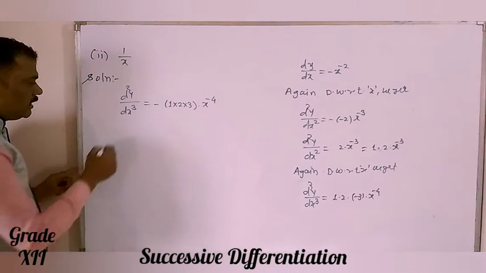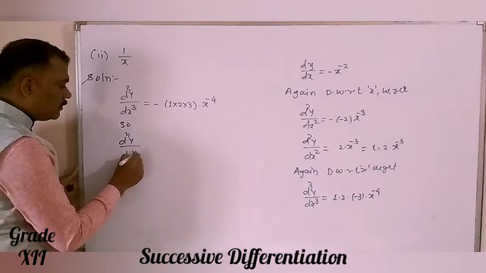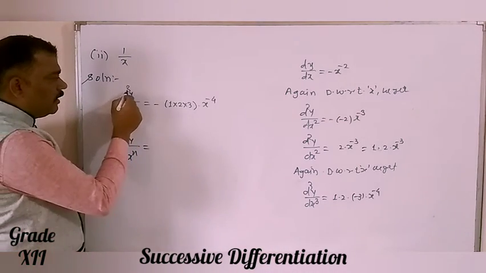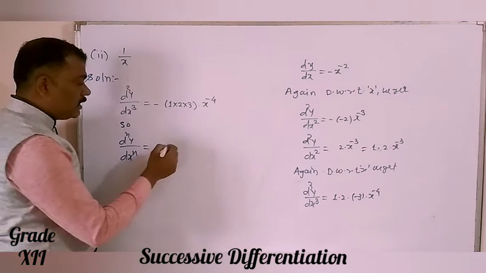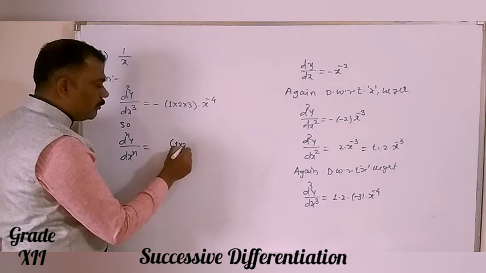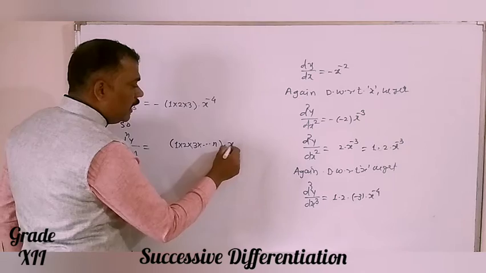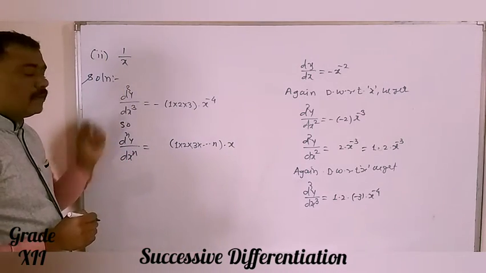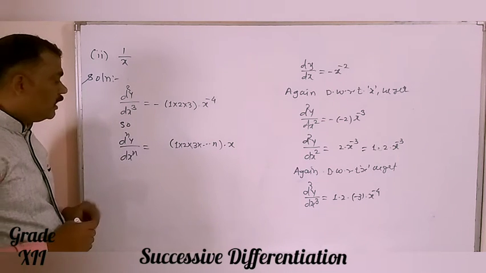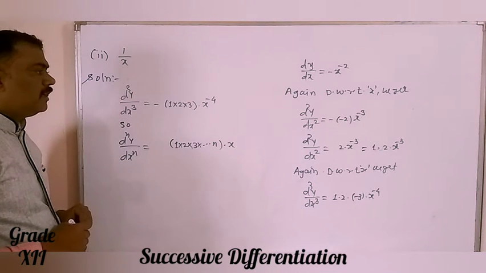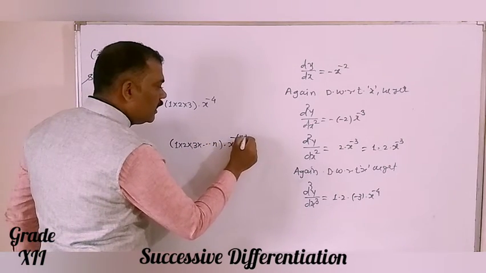Means if you have to generalize, dn y by dx raised to n, for the third order derivative we take the product of three numbers, so for the nth order derivative you take the product 1 into 2 into 3, and so on up to n, into x raised to, here for the third order derivative the index is minus 4. For the nth order derivative, what is the index? The index is nothing but minus n plus 1.